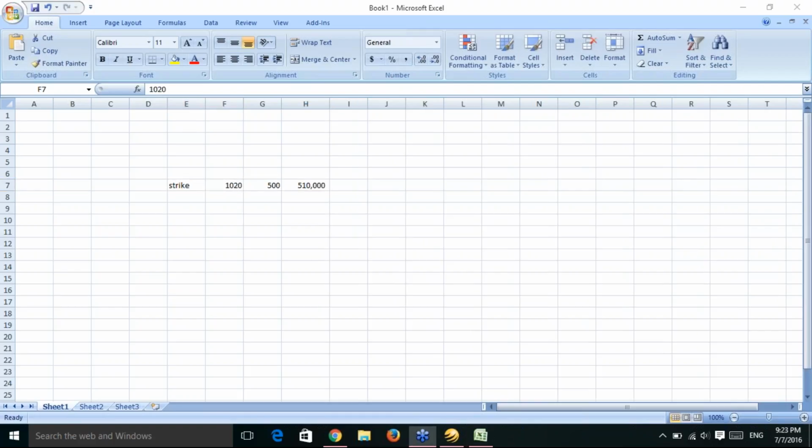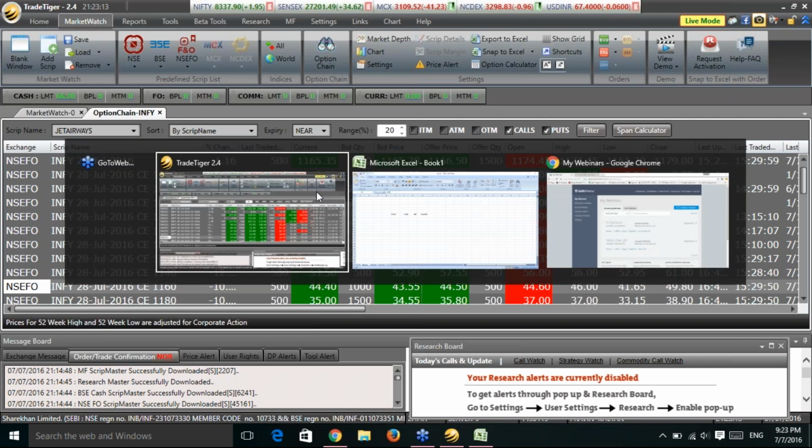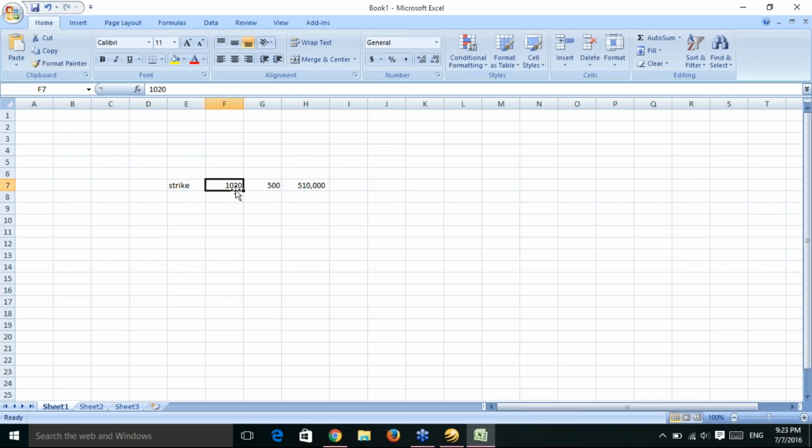I'm so sorry, I was wrong. The premium you have to pay to buy one lot is what matters. The premium is 165. You don't have to pay the strike price. So I'm checking, the strike price is 1020.